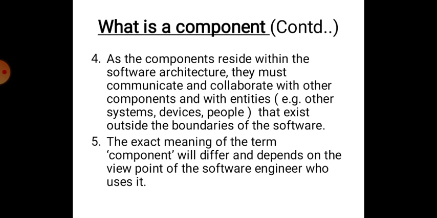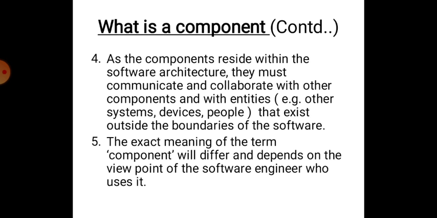Point number 4. As the component resides within the software architecture, it must communicate and collaborate with other components and with entities, for example other systems, devices, people, etc., that exist outside the boundaries of the software.